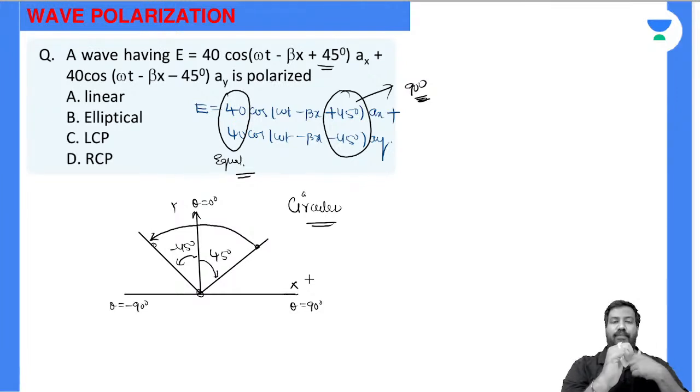I am pointing my thumb towards me. You people point your thumb towards you and see the fingers, how they are, clock or anti-clock. Take your right hand, keep the thumb towards you and see how the fingers are, clockwise or anti-clock.